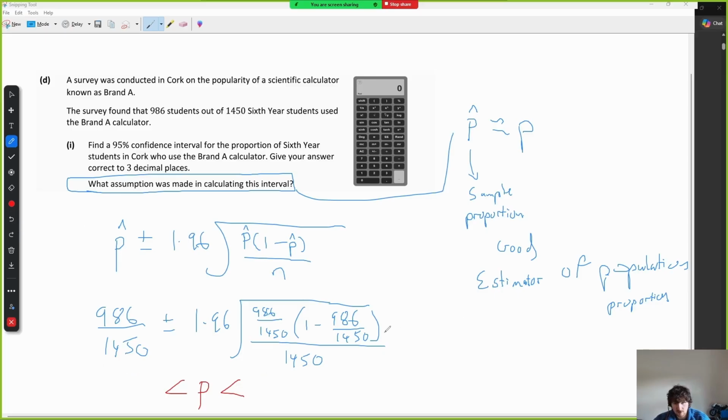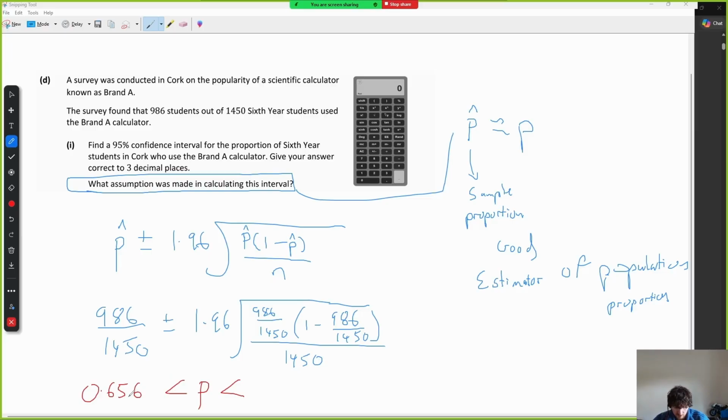So I'm going to pause the video, type that in because I don't want to waste time. Okay, so I've typed that in here. When I have it with the minus, I get this number here, 0.656, and it said 3 decimal places. Now it didn't say as a percentage, so you've got to be careful here. Sometimes they'll want it as a percentage, but that's not implied here. So we'll give this as a decimal. Then it's really easy.